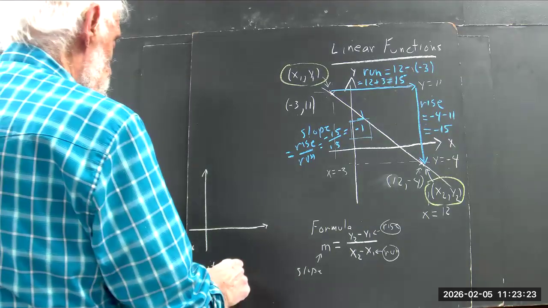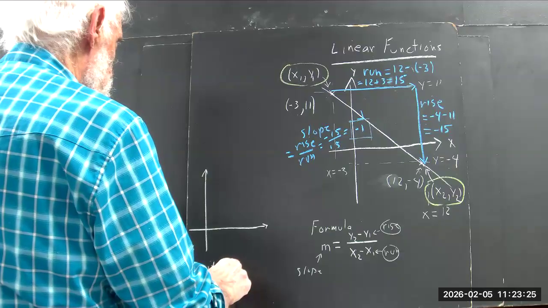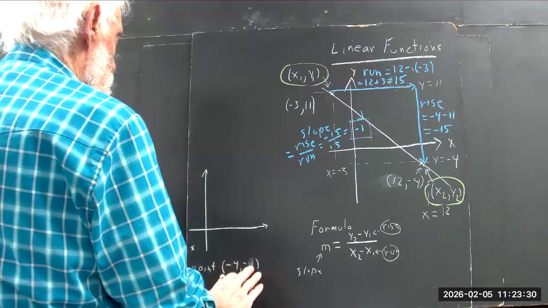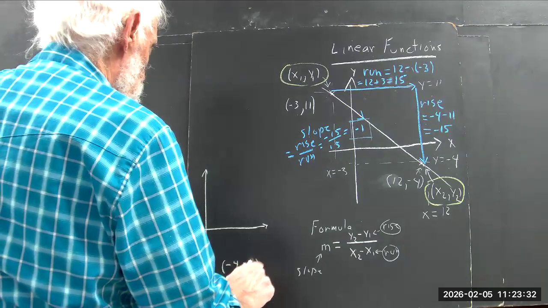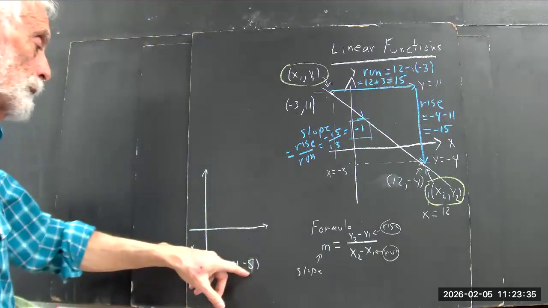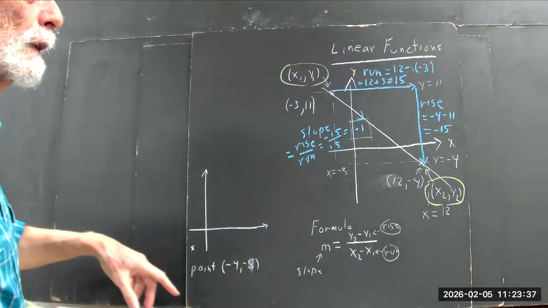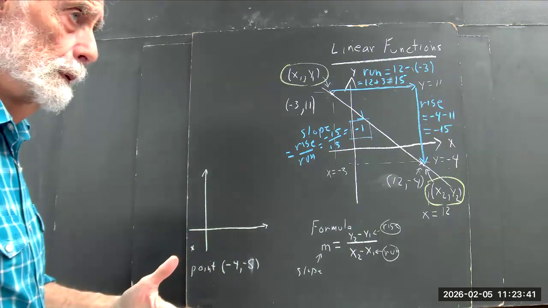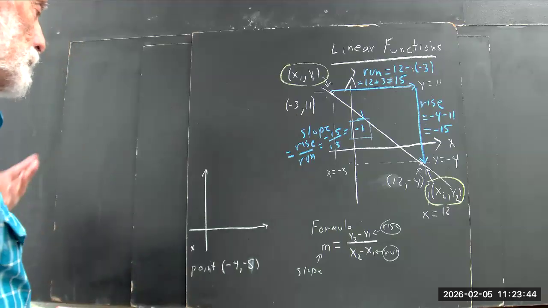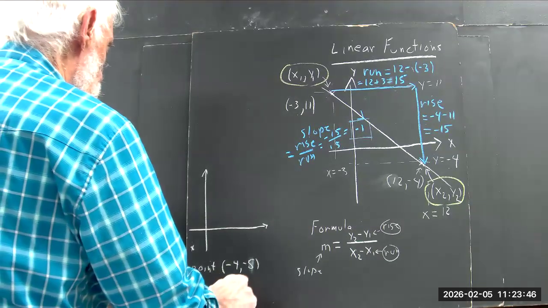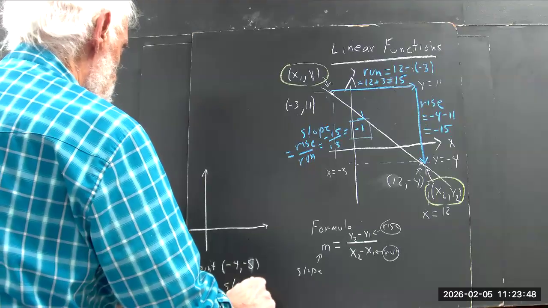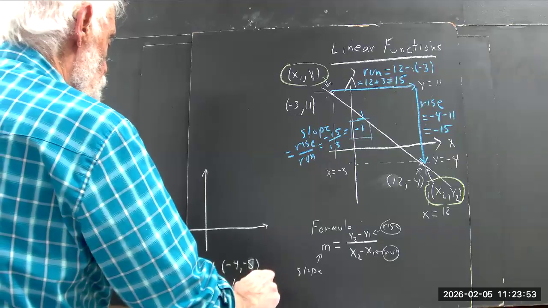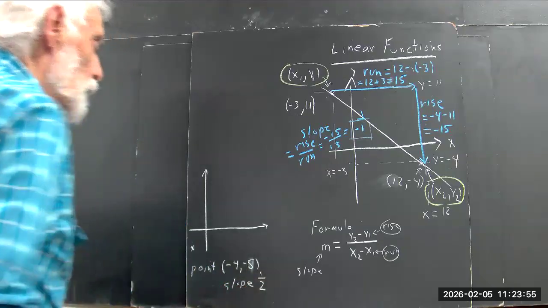Let's say the point is, I'll make it -4, -5. I don't want the same number twice. Not in the first example. Okay, so we have the point -4, -5, and we're given that the slope is 1/2.